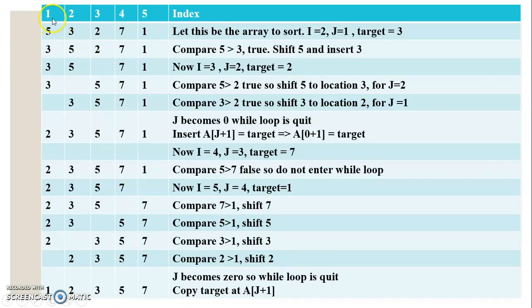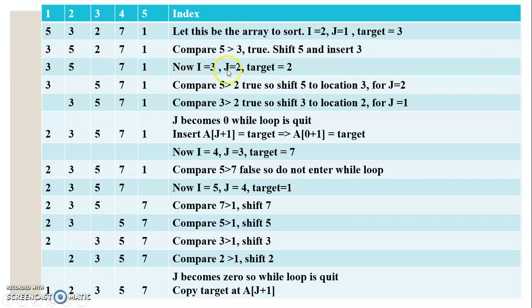Now in this array, we have indices from 1 to 5. So this is the element which is already sorted. A of i will be 3 and the target will be 3 and j will point to the first element, 5. Now we will compare 3 with 5. Since 5 is larger than 3, we will keep 3 where it is. Then we will move ahead and now i will become 3 and it will point to element 2.